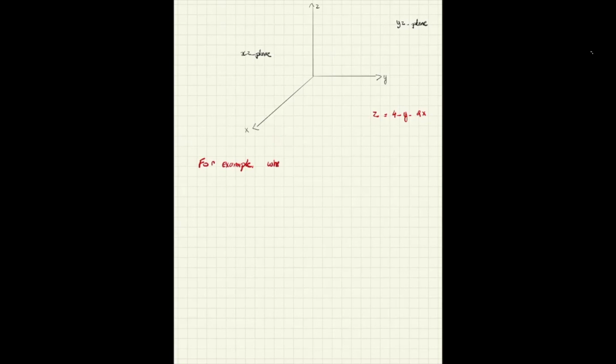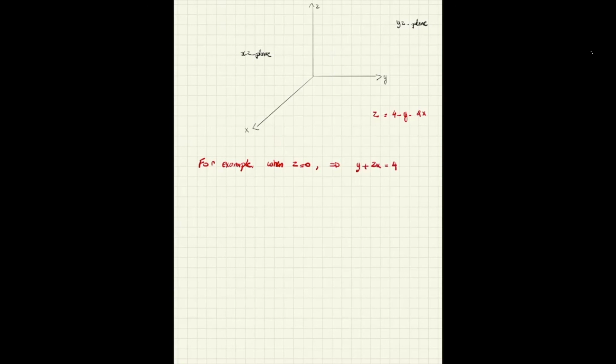When z is equal to 0, what are the points x, y, z that will satisfy this equation? Those are the points that satisfy y plus x is equal to 4. So this is a line, right?